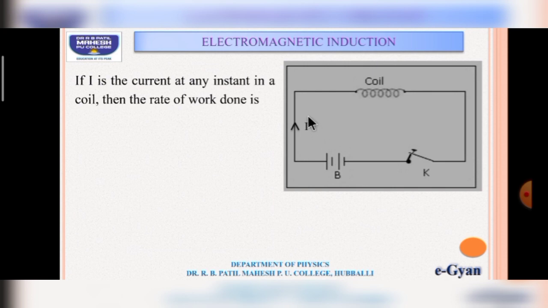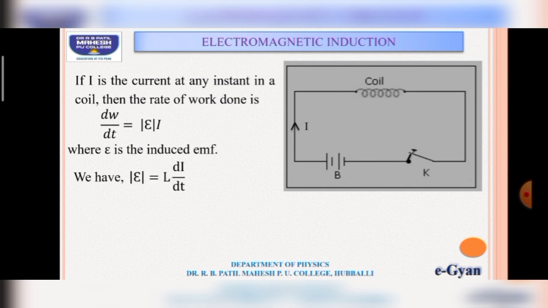Now, let us derive an expression for energy stored in the inductor. If I is the current at any instant of time in a coil, then the rate of work done is given by dW by dt equal to E into I, where E is the induced EMF and I is the current flowing through the coil. And we know that induced EMF is given by E equal to L into dI by dt, where L is self-inductance.